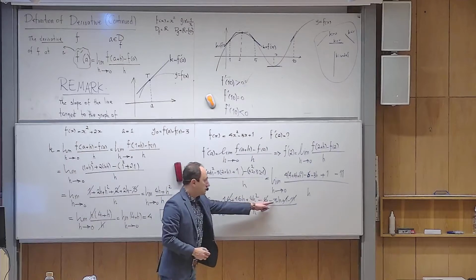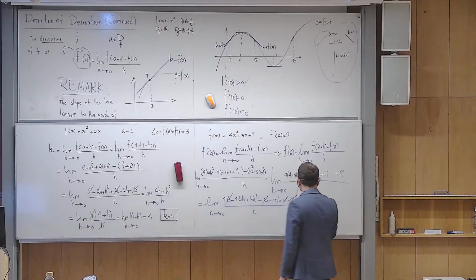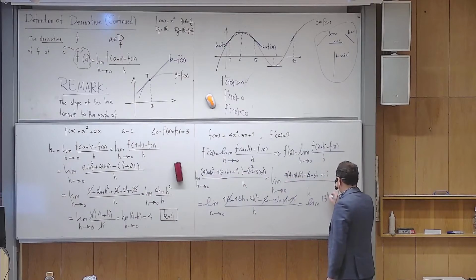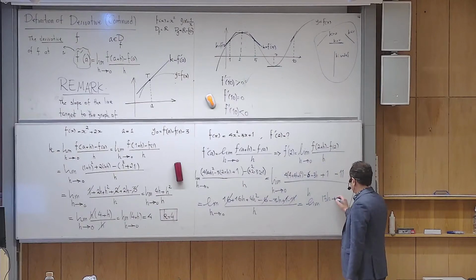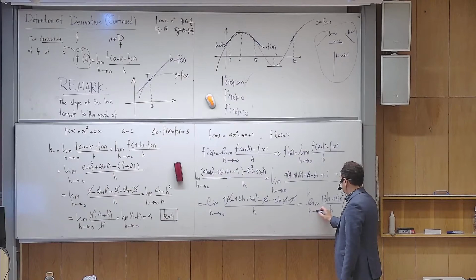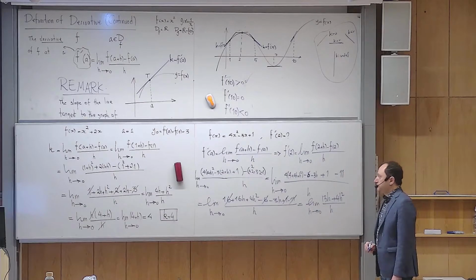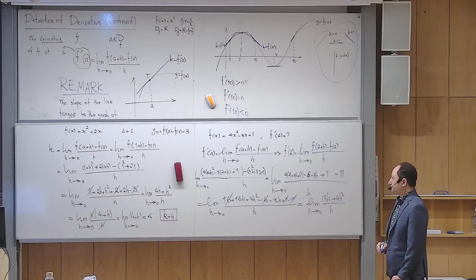16h minus 3h becomes 13h. And then I have 4h squared left, divided by h, h goes to 0. Okay.